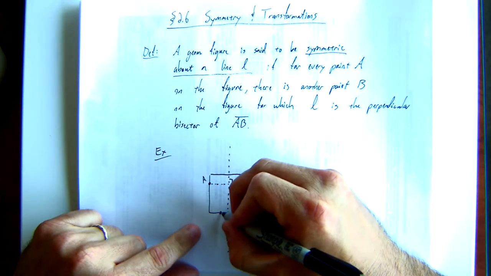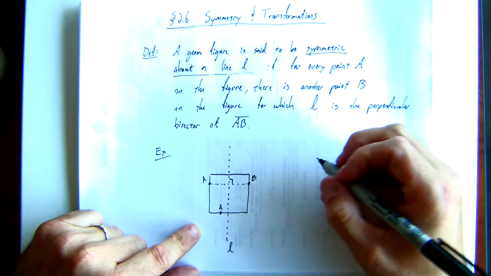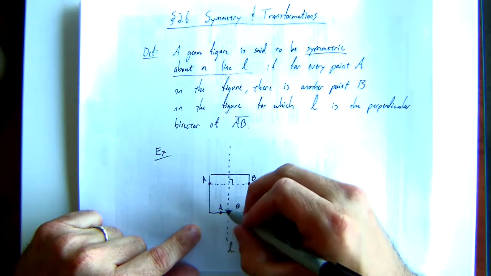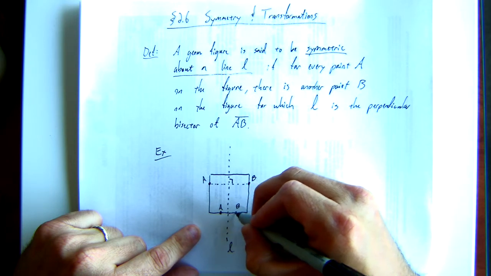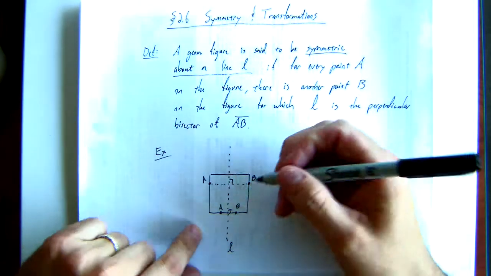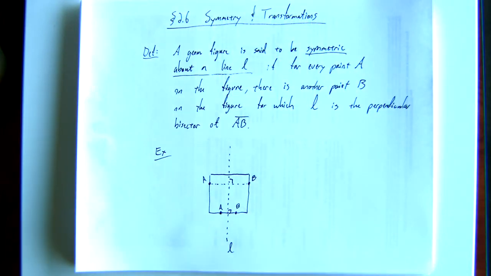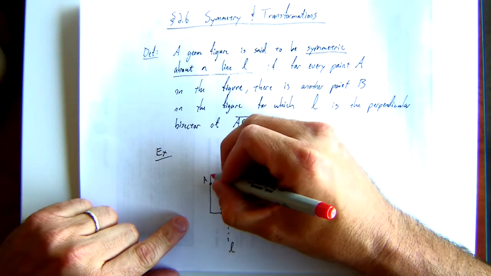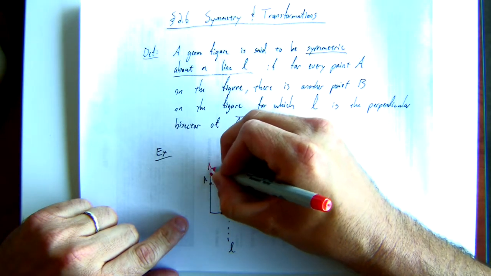So I can choose another point A. Well, then there's this point B right here. And again, we have this line segment, and line L is again the perpendicular bisector. And you can choose one more point. So what if I chose this point to be A?